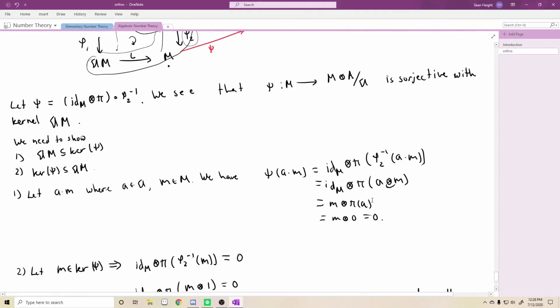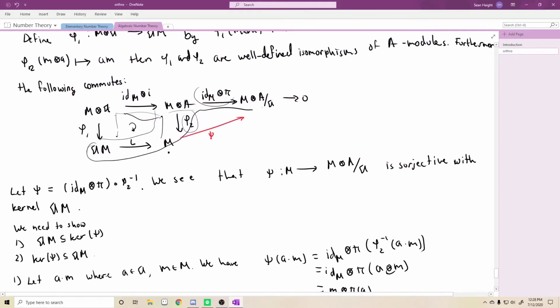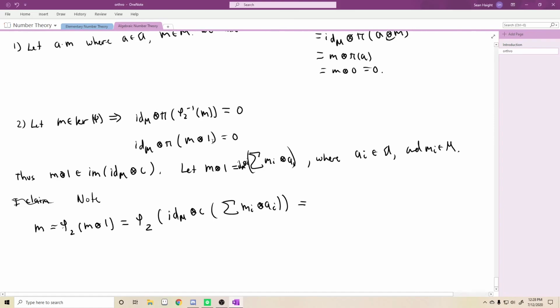which now, using the commutativity of this diagram, instead of going around the right, I can go around the left. This is going to be the inclusion of varphi_1 of the sum of a_i tensor m_i, which is essentially just going to be the sum of a_i times m_i, which is in this thing.